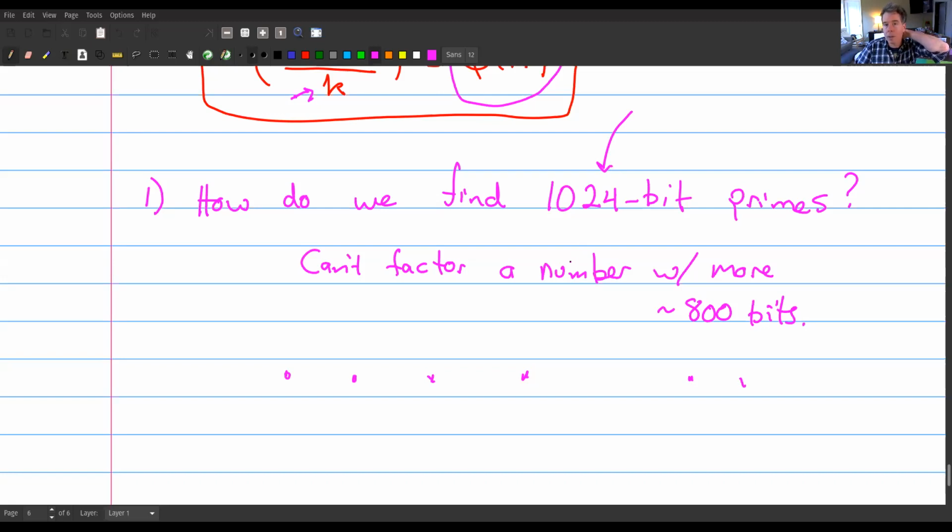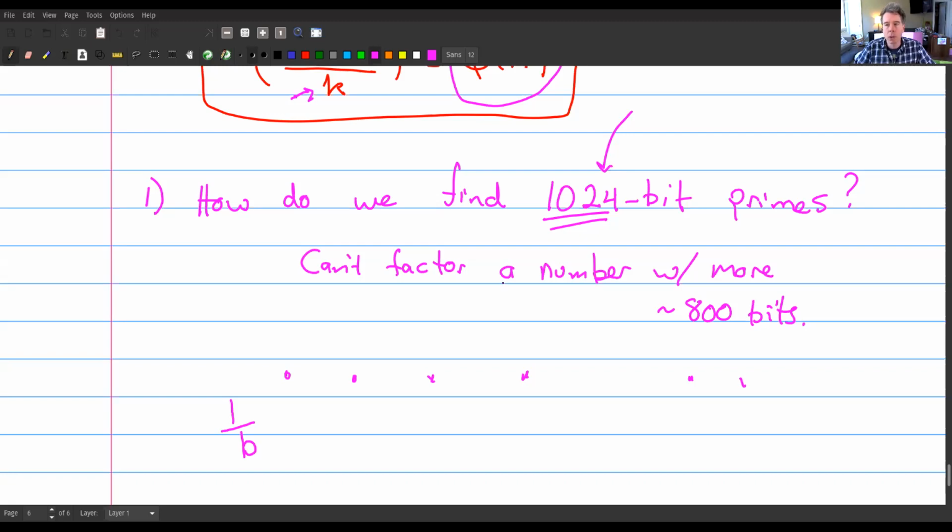But it turns out that's not true. If you pick a number that is b bits long, the probability that it is prime turns out to be about 1 over b. So to find 1,000-bit primes, you really just have to try about 1,000 times before you find one that really is prime.